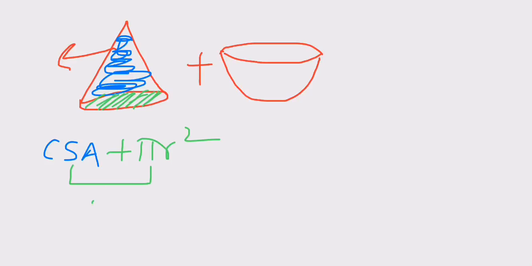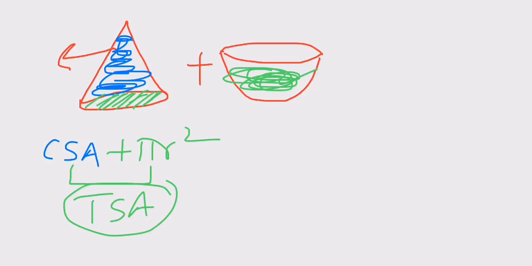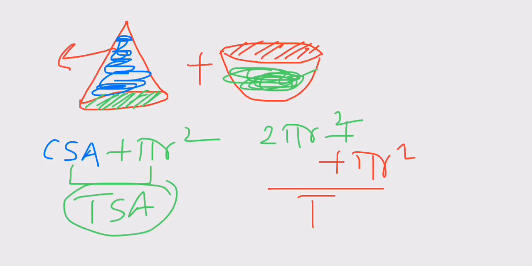This is what your TSA of the cone. And for hemisphere, the TSA will be this portion, that is your 2 pi r square CSA, plus the circular top, that is your pi r square. These are your TSA for hemisphere and for cone individually.